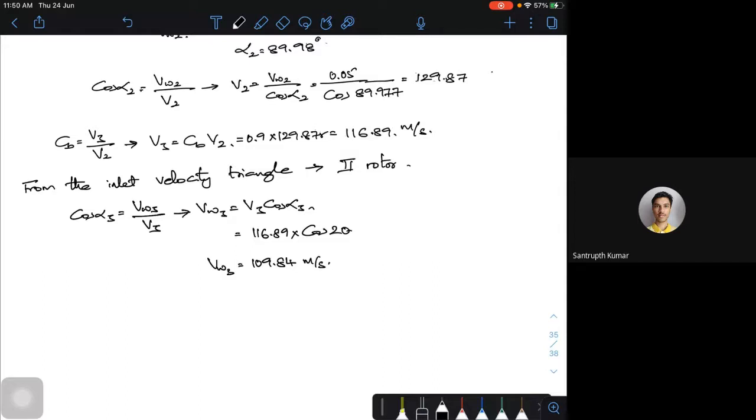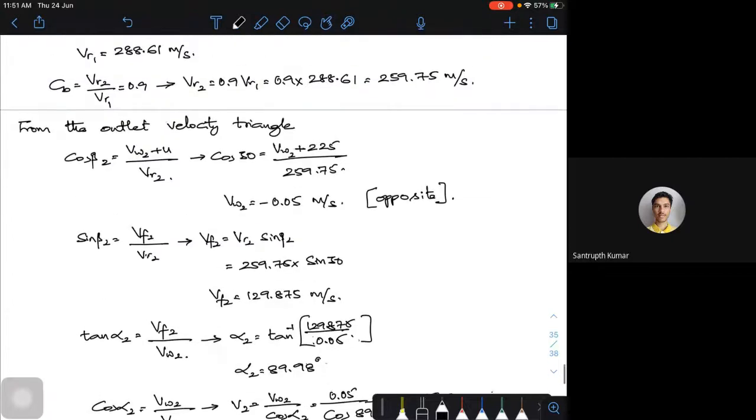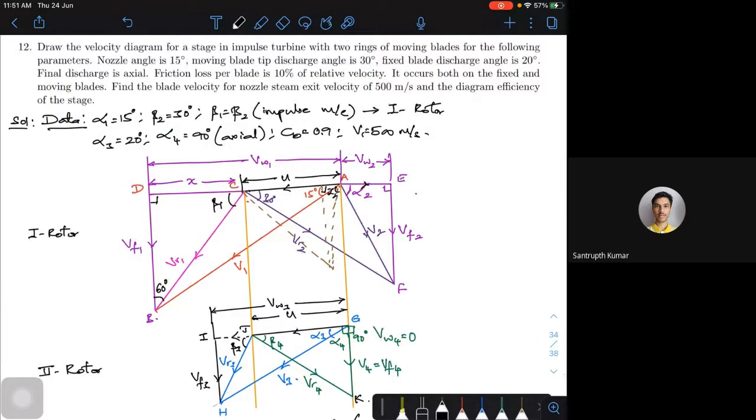I need VW4 to see what is the work done actually. It is VW1 minus VW2 into U plus... So look at this first stage: VW1 minus VW2 into U for the first stage plus VW3 minus VW4 into U for the second stage.